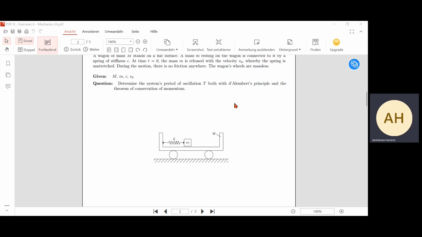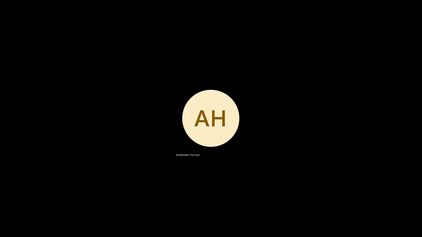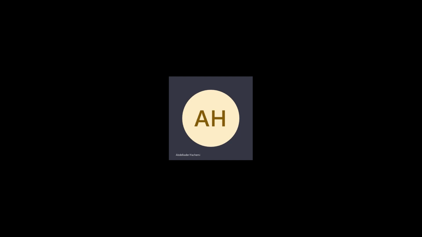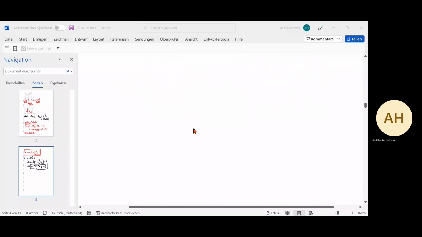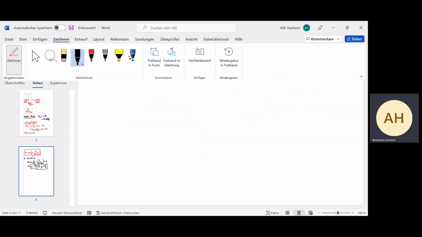Now we will start first with D'Alembert. Then we look first at which forces are acting on the system here.